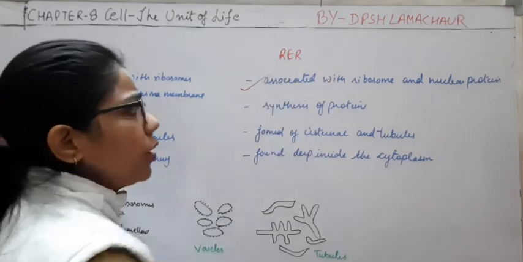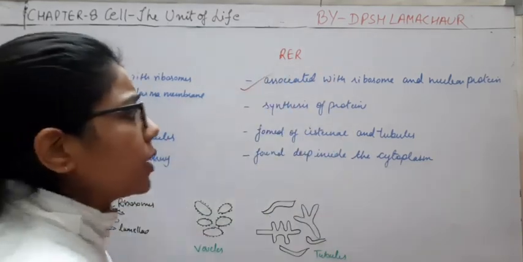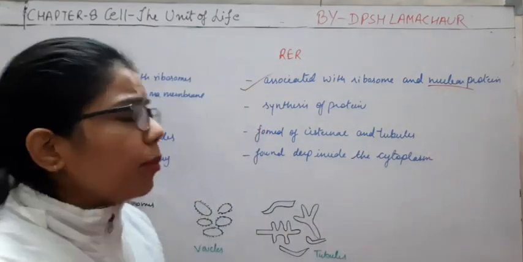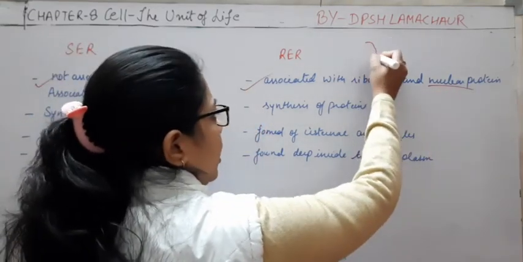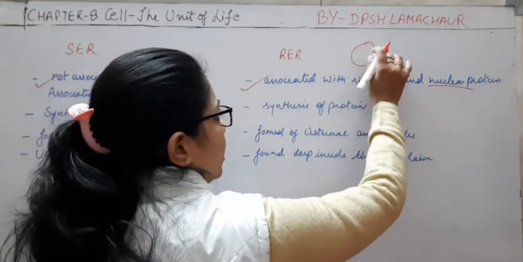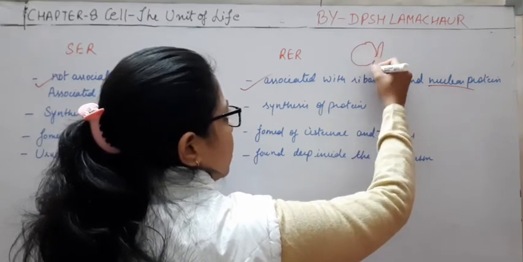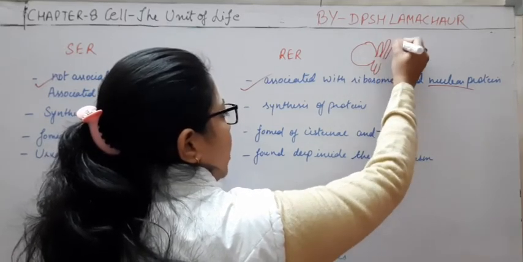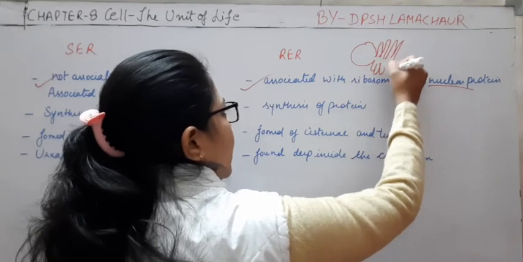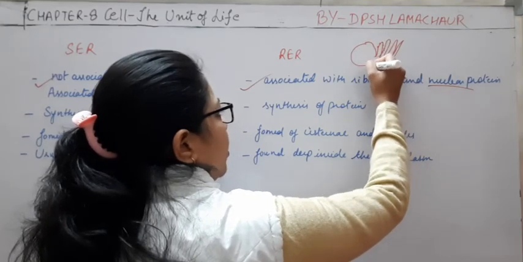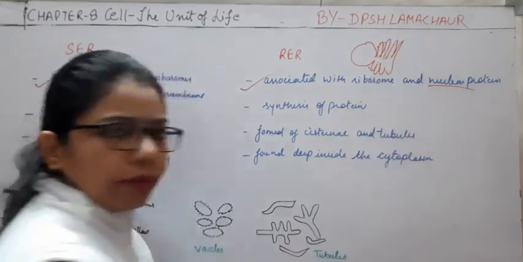Here they are associated with the ribosomes as well as the nuclear protein. Why? Because these are the containers with the nucleus. Okay, these are the containers with nucleus like this. So these are what? These are the endoplasmic reticulum, and ribosomes are present here in this part, right?